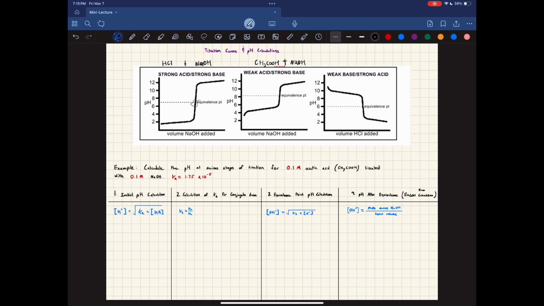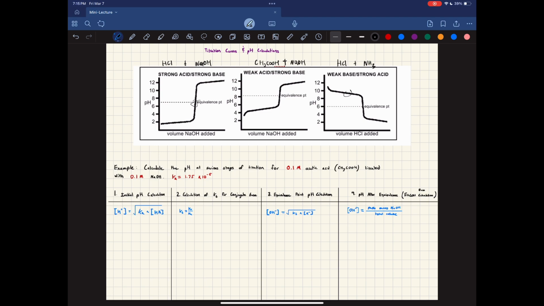Alright, and for the last one, we have the strong acid and weak base, which could be hydrochloric acid and ammonia. The initial pH is low due to the presence of a strong acid, and a buffering region is present as the weak base reacts to form a conjugate acid.